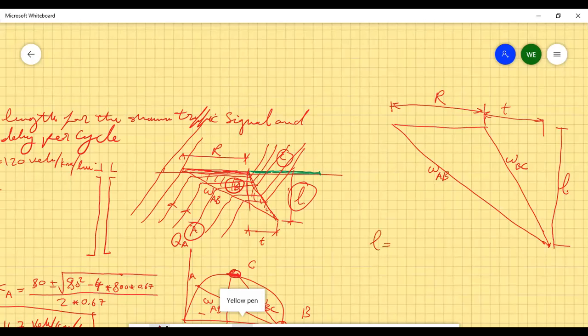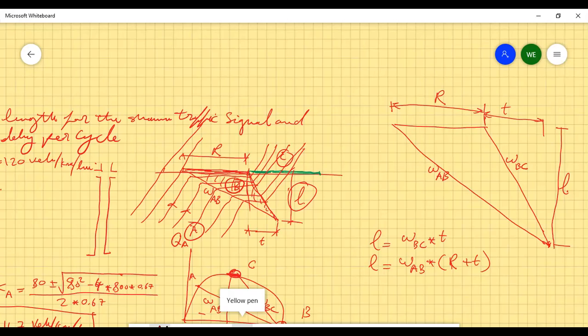L equals omega BC multiply T. After time T, this moving or recovering wave will get to the end of the Q. Also, the maximum length of the Q will be generated: L equal omega AB multiply R plus T. If we multiply this speed by the red time plus this time T, we get L.